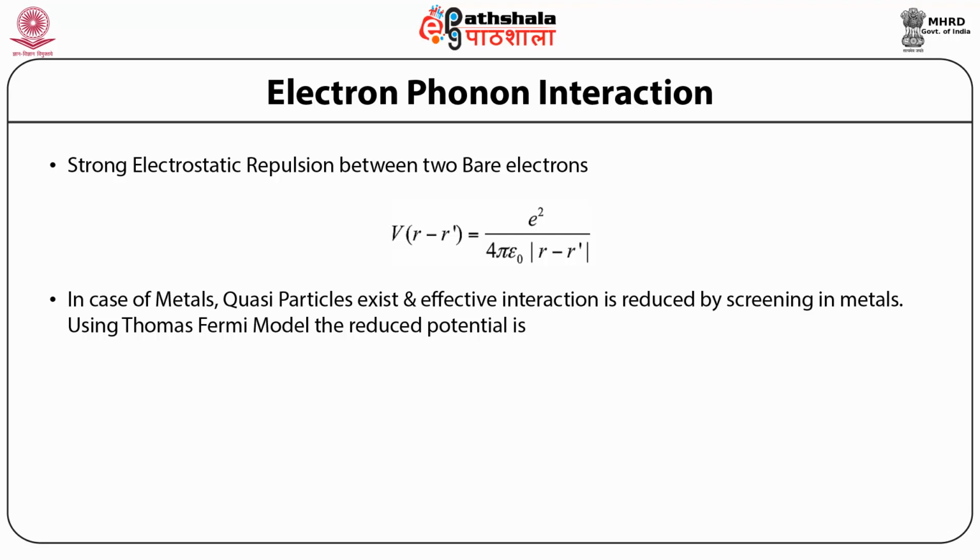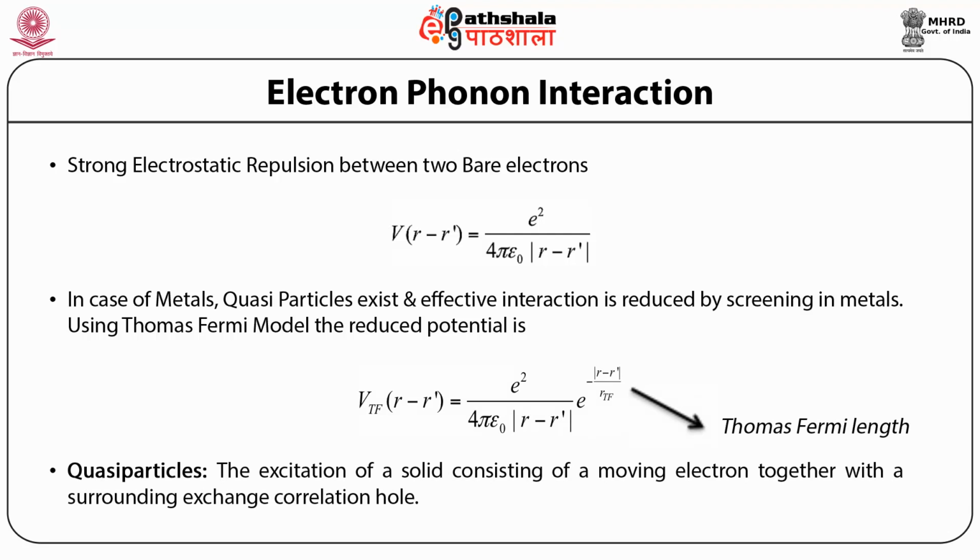Using the Thomas Fermi model, the reduced potential is V of r minus r prime, with the subscript TF indicating the Thomas Fermi approximation, is equal to the same Coulomb potential which we have written above, that is e square divided by 4 pi epsilon naught mod of r minus r prime, but multiplied by exponential minus mod of r minus r prime divided by r TF. So this r TF is basically the Thomas Fermi length.